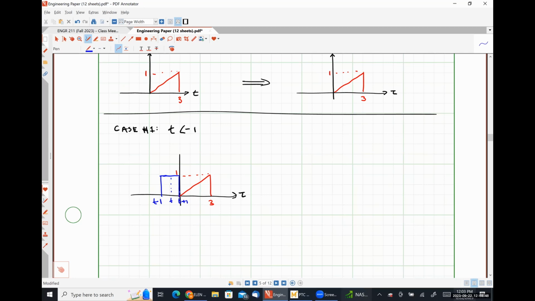So in this time interval, y of t is equal to 0, because there is literally no overlap whatsoever. Ryder, what's up? Yes, t minus 1 on the left-hand side, t plus 1 on the right-hand side.